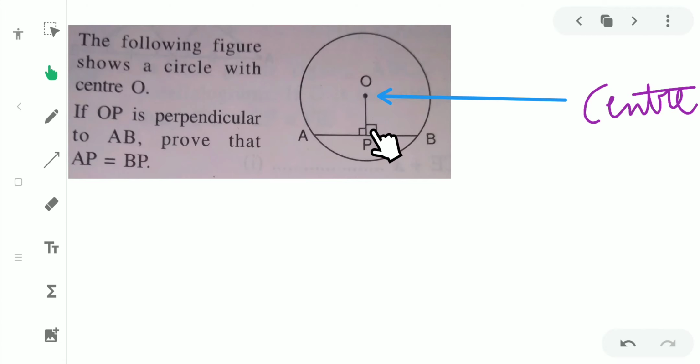And this is 90 degrees, and this is P, A and B, and we are having this diagram here. Now I will be joining this line.